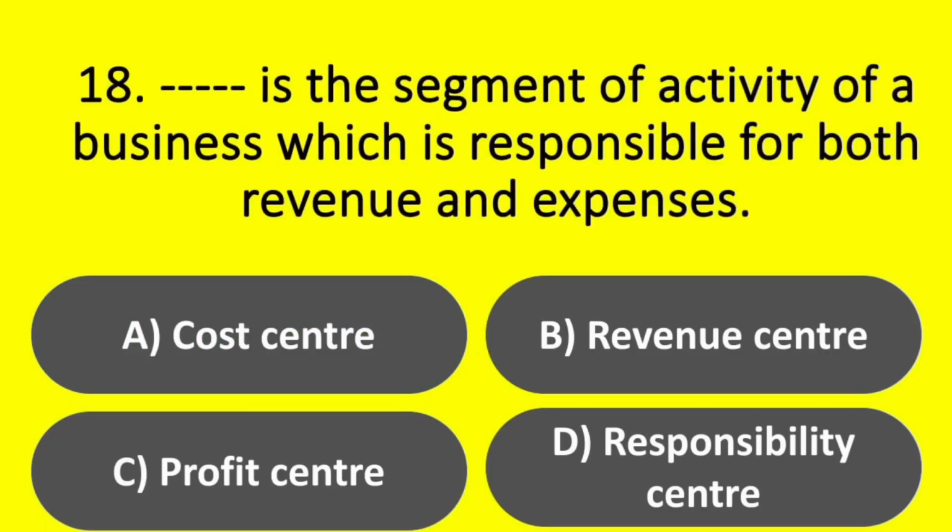Dash is the segment of activity of a business which is responsible for both revenue and expenses. Options A, Cost center; option B, Revenue center; option C, Profit center; option D, Responsibility center. Answer: option C, Profit center.